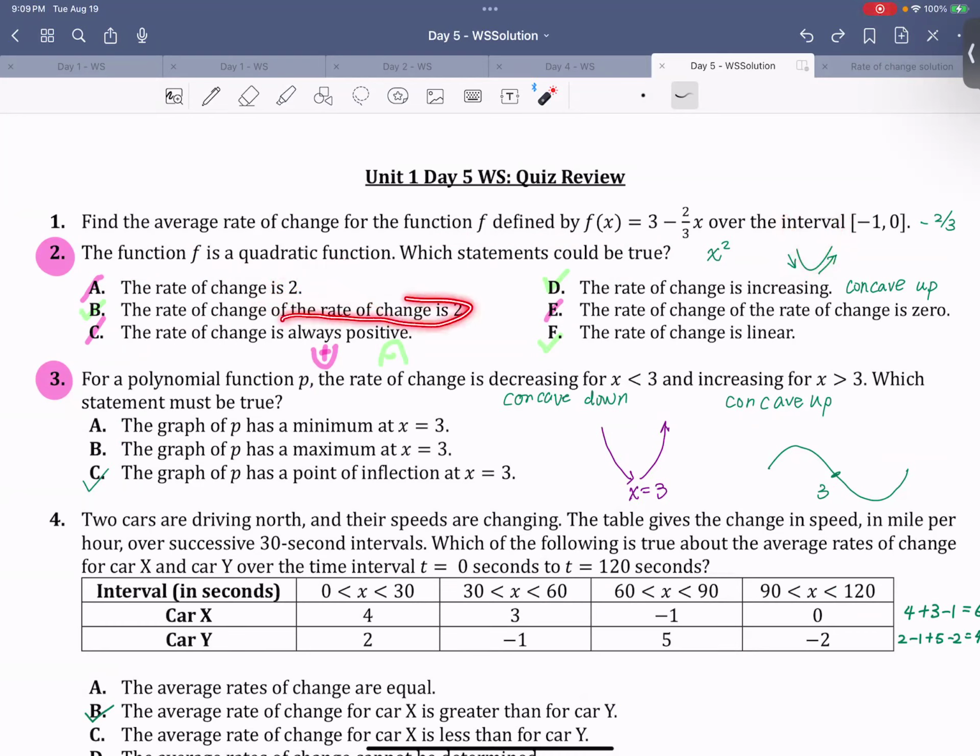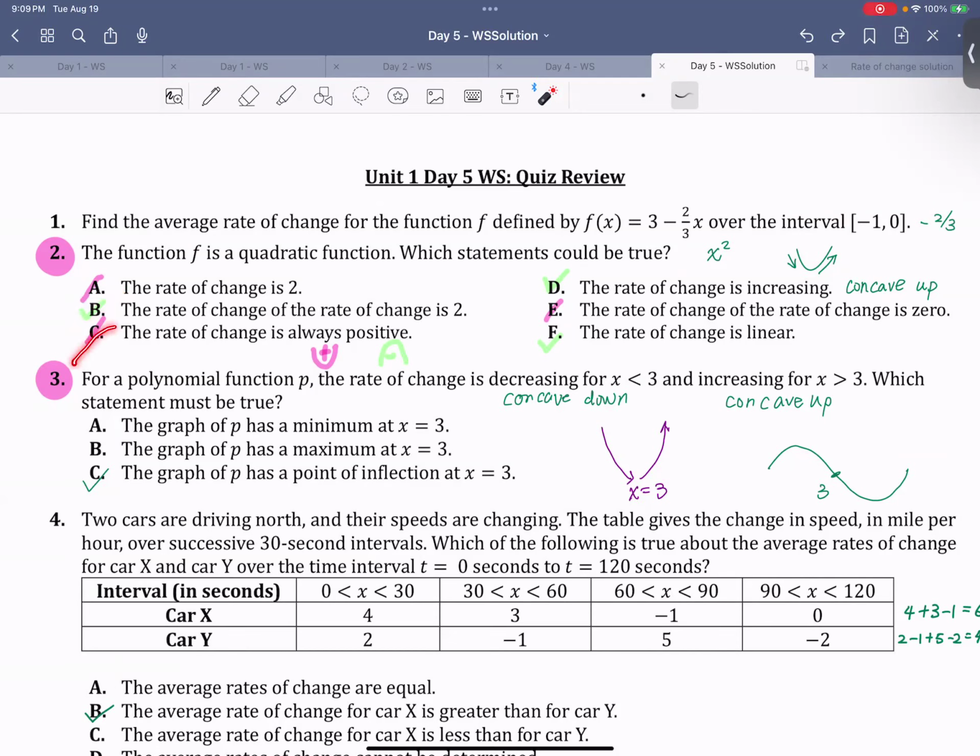B, the rate of change of the rate of change is 2. I argue about this. They didn't tell us going down or going up. It might be -2 if it's going down. So I don't think this question is accurate enough. But if you suppose it's opening up, then you can say B.